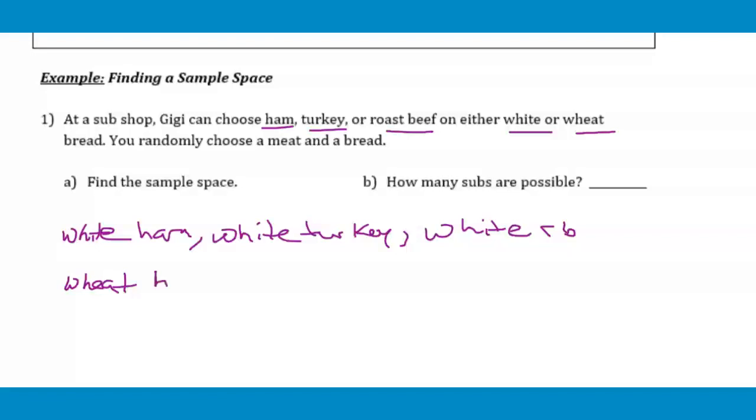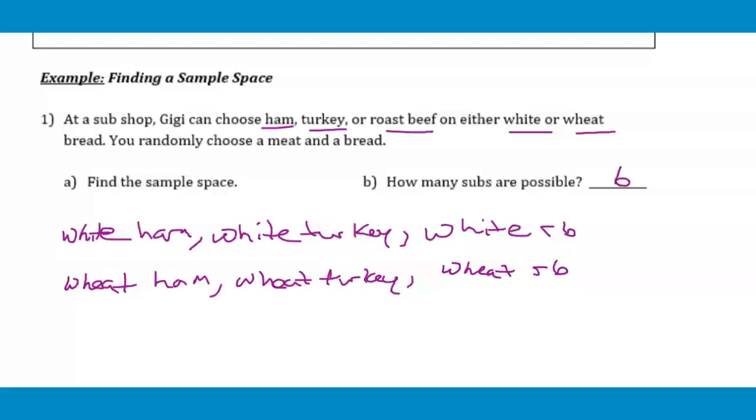So I could also have ham on wheat. I could have wheat turkey. This is a list of the sample space. And I can have wheat roast beef. So a total of 1, 2, 3, 4, 5, 6 possible combinations.